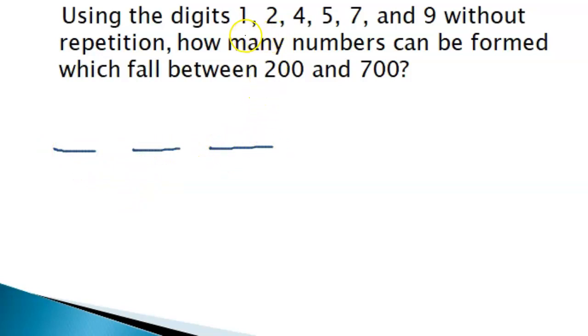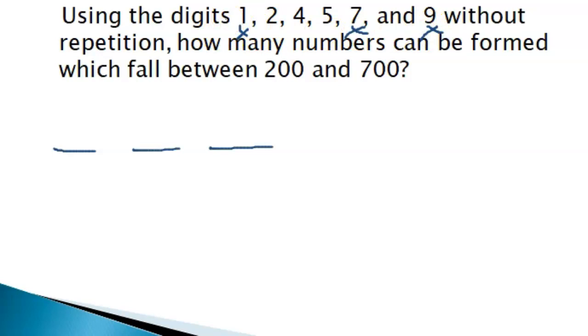Alright, so we think about it. For the number to fall between 200 and 700, 1 cannot be a part of it. So the number cannot start with a 1. Well, 7 cannot begin it, and 9 cannot. It can be a part of the number, but not begin with 1, 7, or 9.